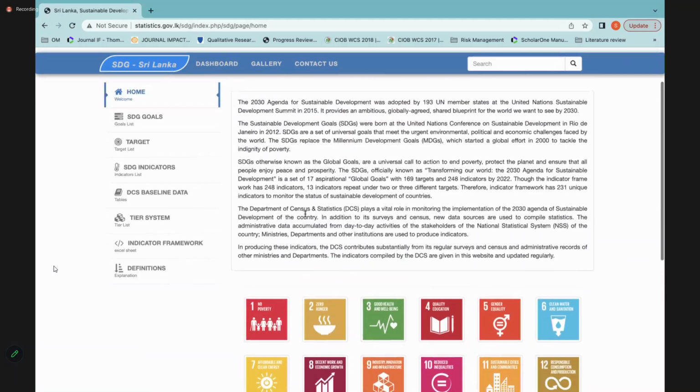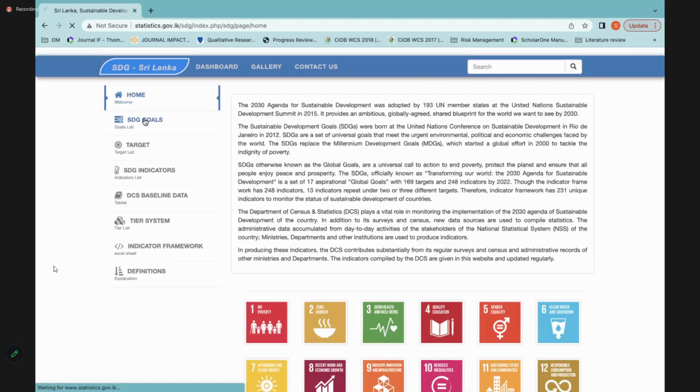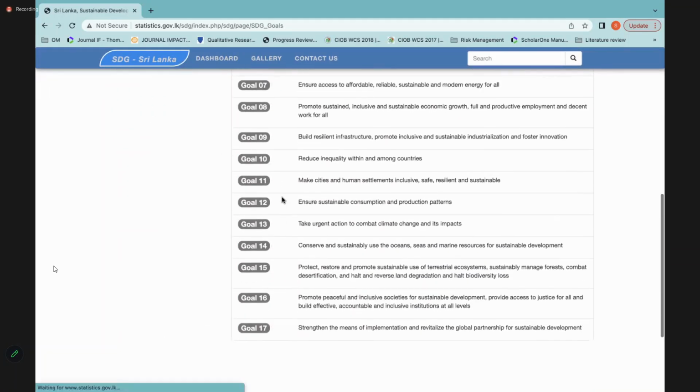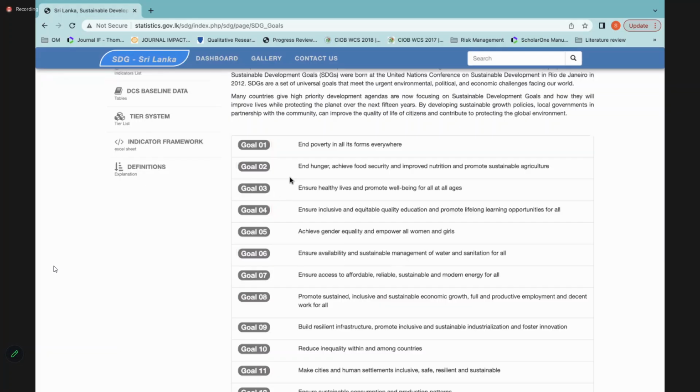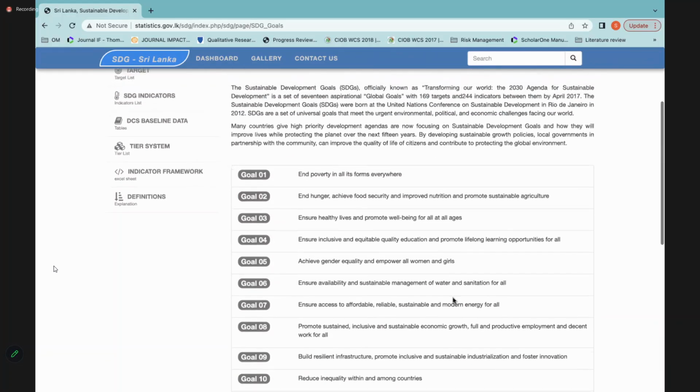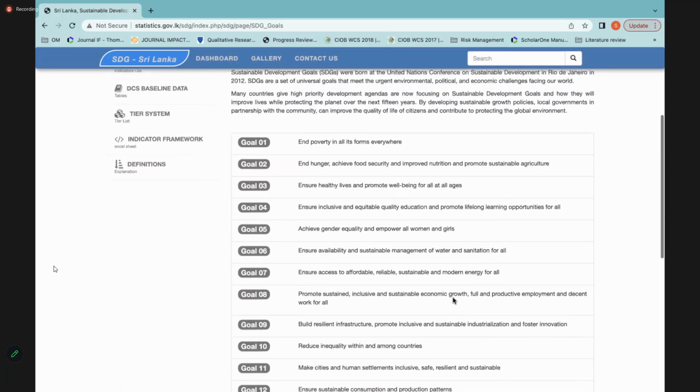So these are the 17 goals. End poverty in all its forms everywhere. Ensure access to affordable, reliable, sustainable, and modern energy for all. Make cities and human settlements inclusive, safe, resilient, and sustainable. Likewise, there are 17 goals.